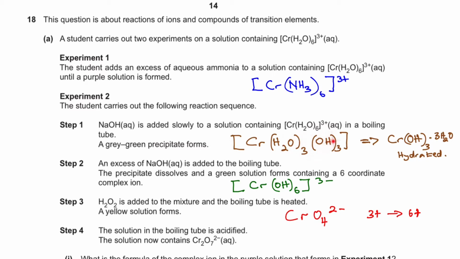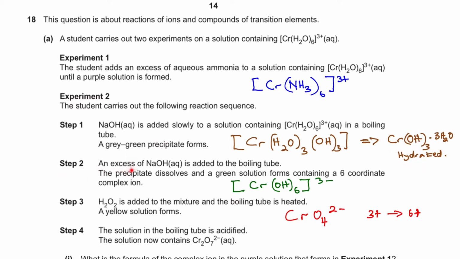But OH minus has a charge of -1 times 3. That's -3, which cancels the 3 plus, and then you've got no charge. So sometimes you can write it as Cr(OH)3, same thing as that, and 3 water, hydrated chromium hydroxide.